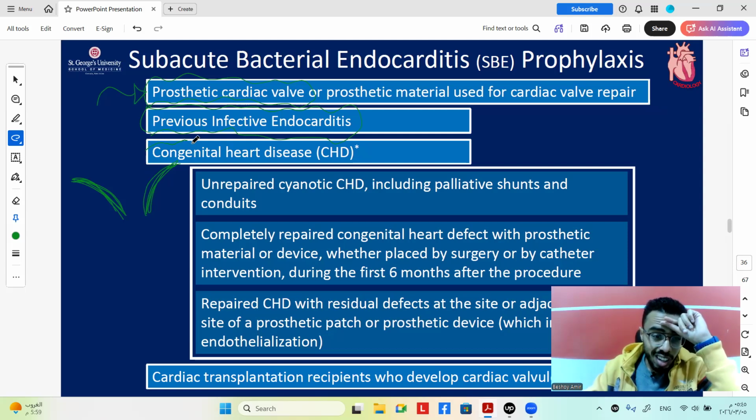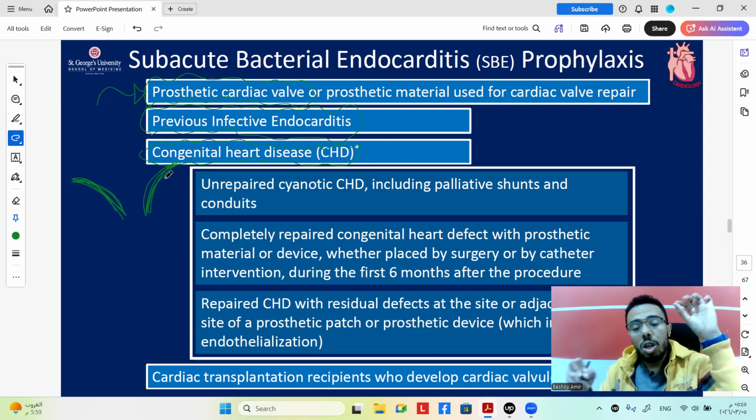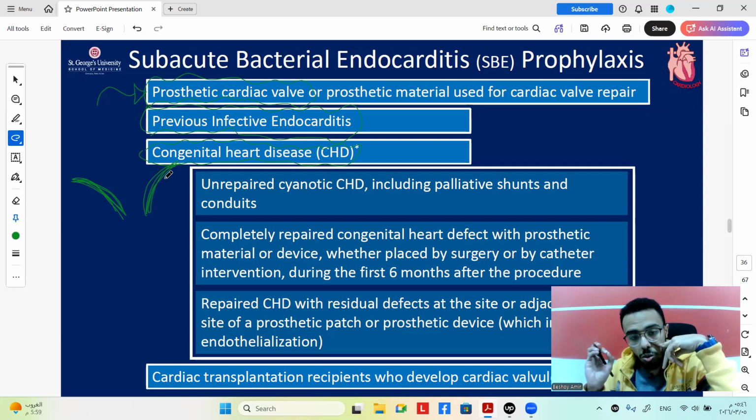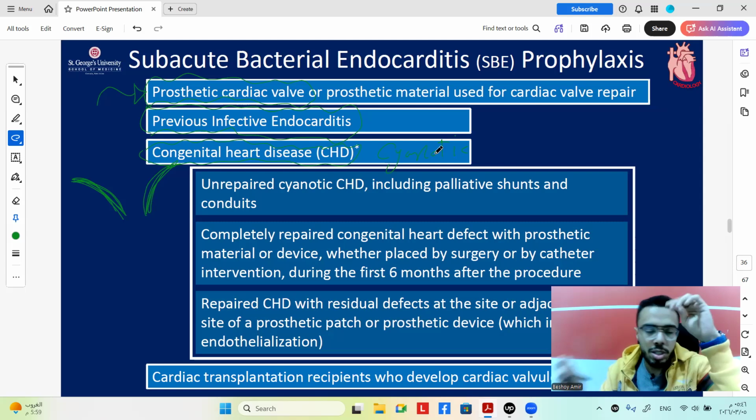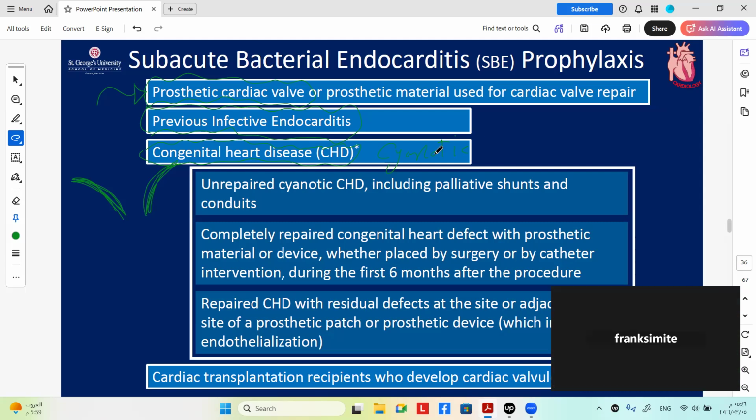Also, congenital heart disease, but you have to know it very well. Not all congenital heart disease would be needing prophylaxis. Not all, but just cyanotic ones. If it's acyanotic, you know the difference between cyanotic and acyanotic? The bluish coloration, and the shunting as well.